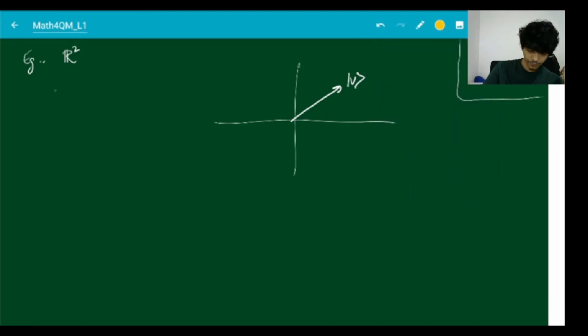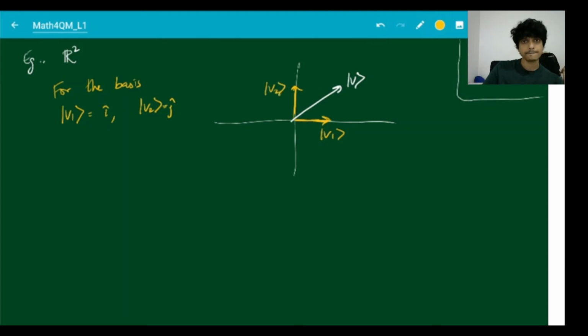So if I take a basis v1 as i and v2 as j, so that means this is my v1 and this is my v2, then I can write v as 1 times v1 plus 1 times v2.